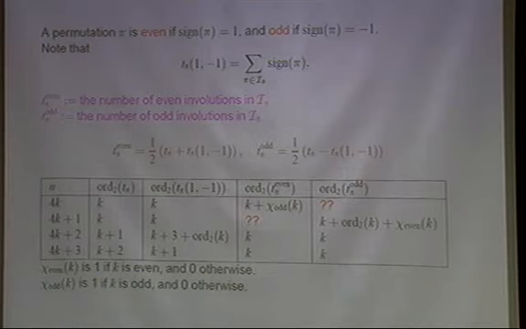So this is the signed sum of involutions. Let Tn even be the number of even involutions, and this is the number of odd involutions. Then Tn even is the sum of this divided by 2, and Tn odd is this.